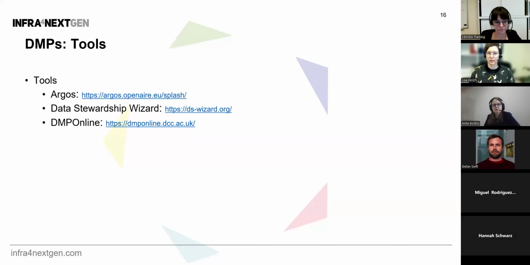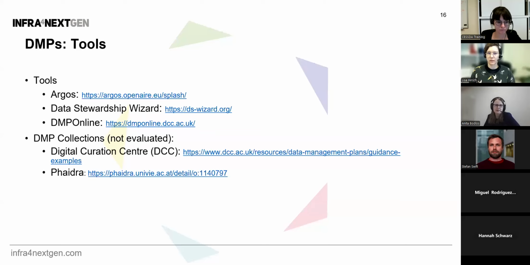There are different tools available that aim at supporting you in writing your DMP. For instance, Argos, which is provided by OpenAIRE, the Data Stewardship Wizard, or DMP Online. If you would like to have a look at existing DMPs, there are collections available at the Digital Curation Centre and at FEDORA, the University of Vienna.